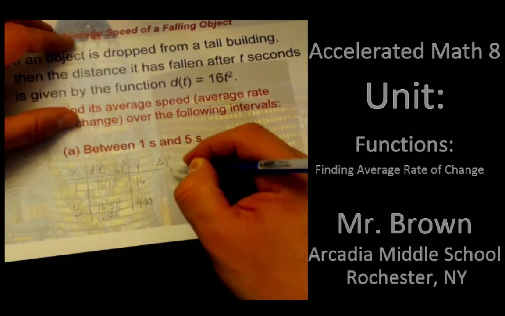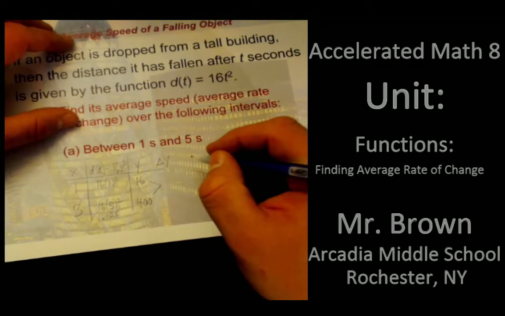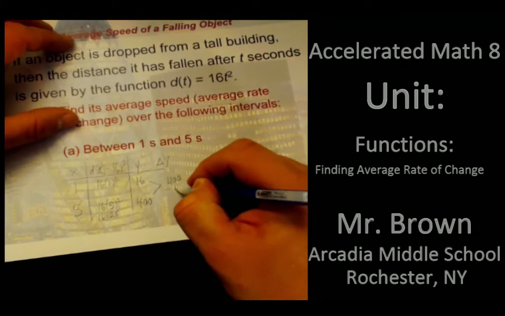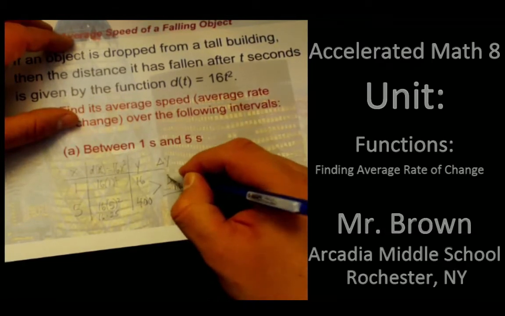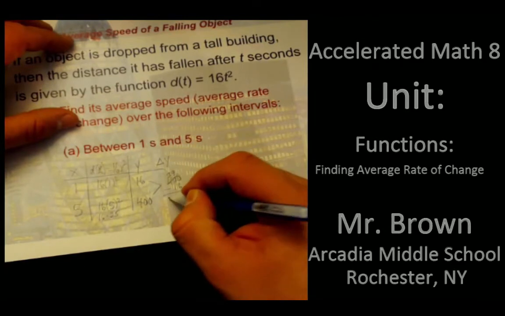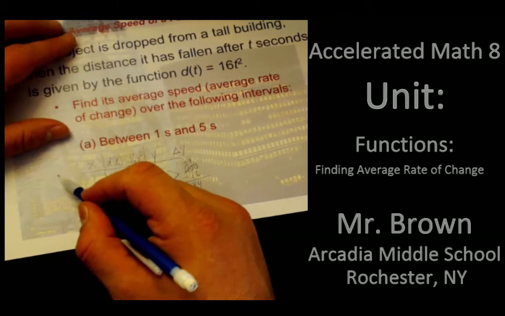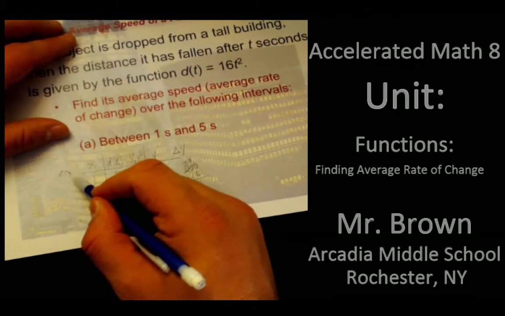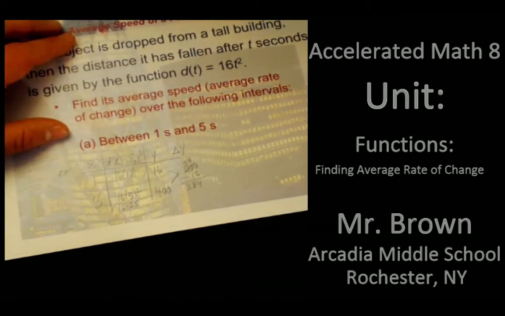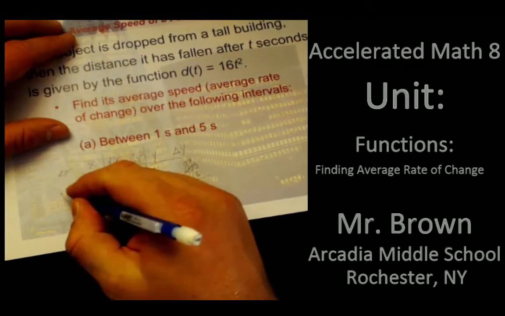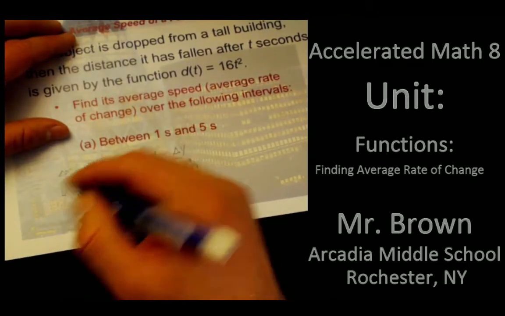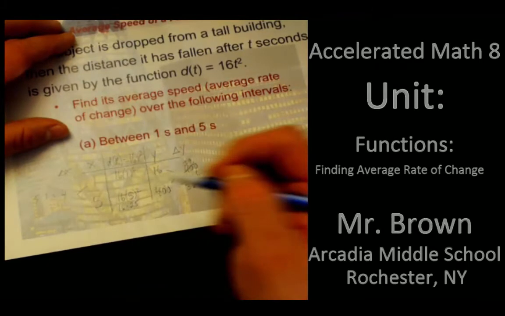The change in y here would be 400 minus 16, which happens to be 384. In this case over here, the change in x, well, that's pretty easy. That's going to be 4, because 5 minus 1 is 4.